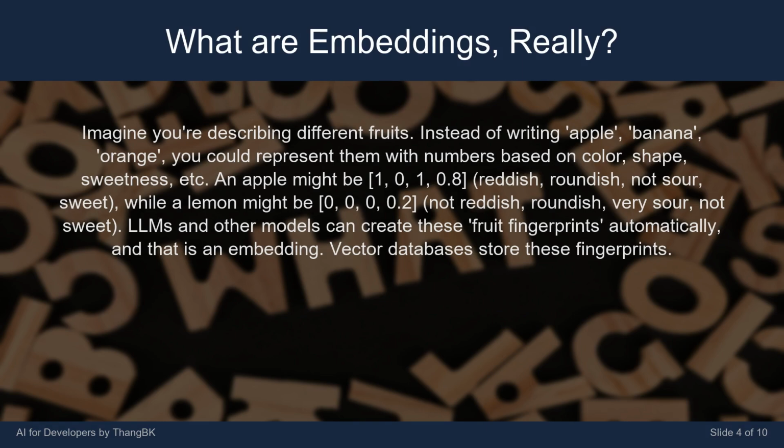Imagine you're describing different fruits. Instead of writing apple, banana, orange, you could represent them with numbers based on color, shape, sweetness, etc. An apple might be 1, 0, 1, 0.8: reddish, roundish, not sour, sweet, while a lemon might be 0, 0, 0, 0.2: not reddish, roundish, very sour, not sweet.